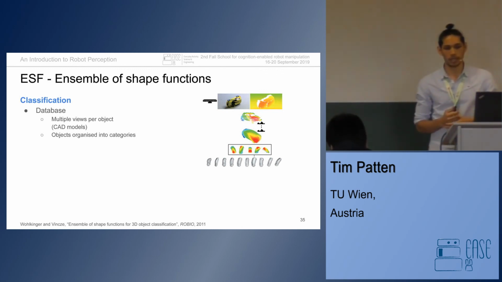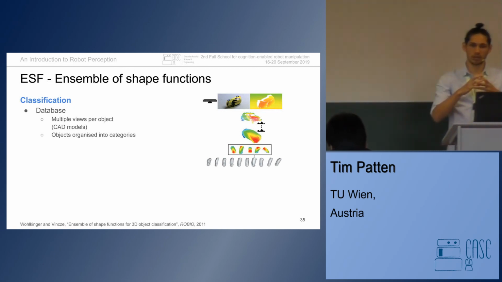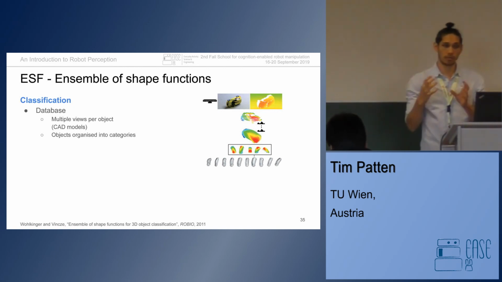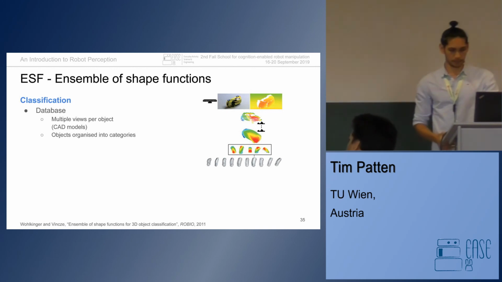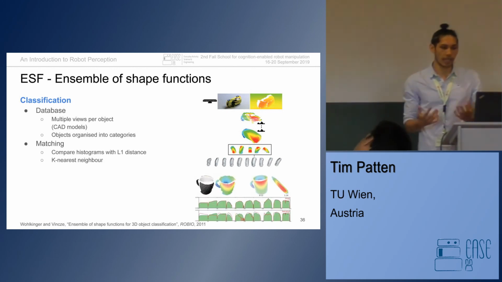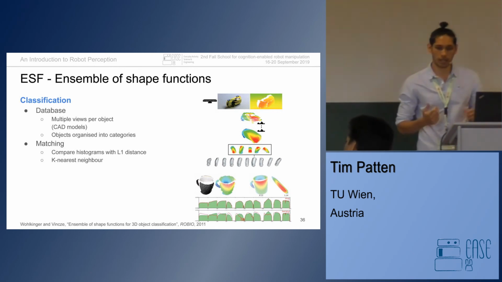Different views are taken for the models so that they have different representations of this object, to be able to deal with the 2.5D data that actually comes from a real sensor. And finally, matching is similar to SIFT, just finding how histograms overlap. So simply computing the L1 distance over the histogram, and this can also be done through k nearest neighbor.